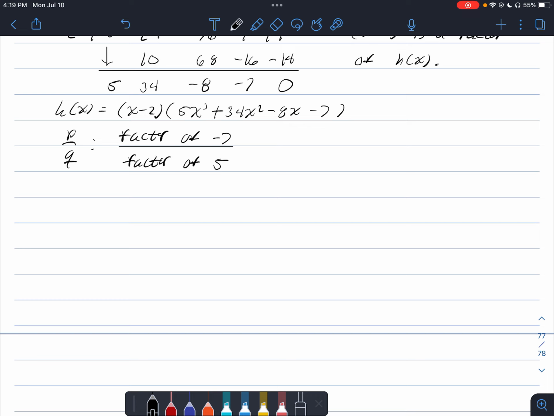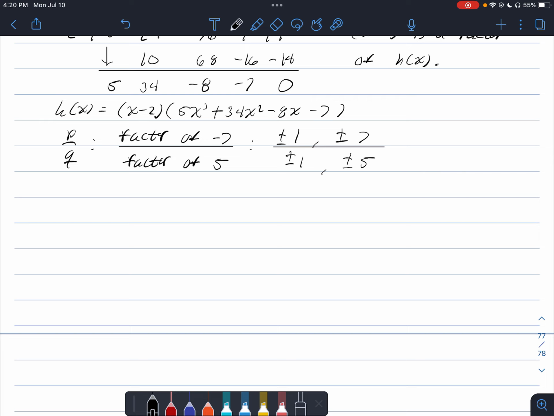All right, so let's list all of our factors of negative 7. Okay, so we're going to have plus or minus 1, and plus or minus 7. And we're going to have plus or minus 1 and plus or minus 5.